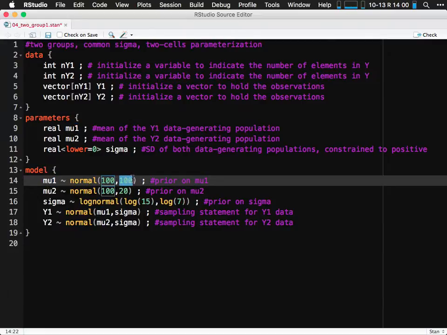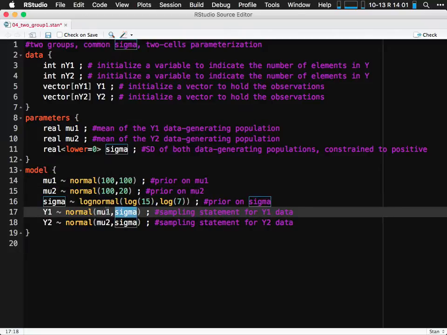So if I were really certain that the mean was right around 100, 101, 99, I'd express my belief by saying normal 100, 1. Alternatively, if I wanted to be really uncertain, I'd say plus or minus 100. But that's, again, referring to where this parameter is, where the group's mean is.